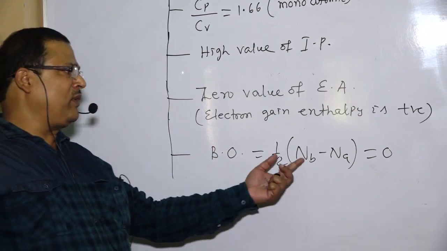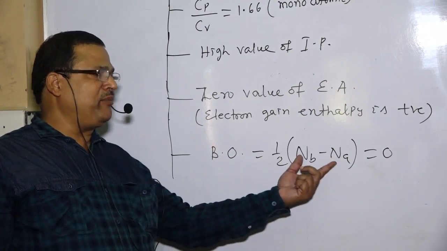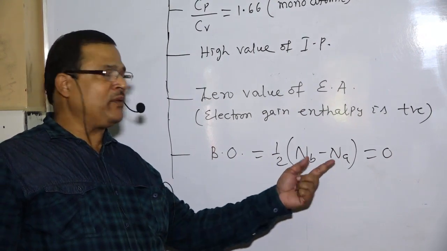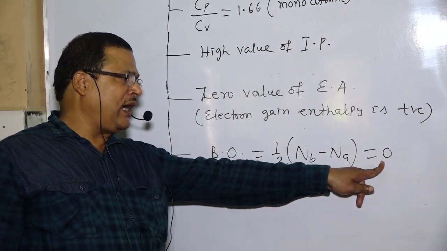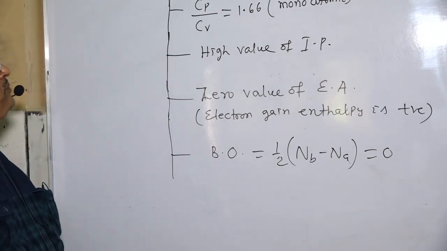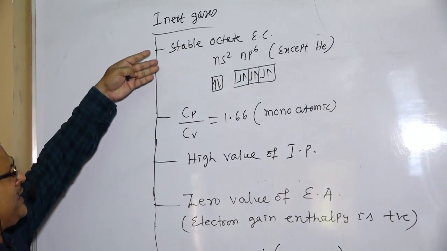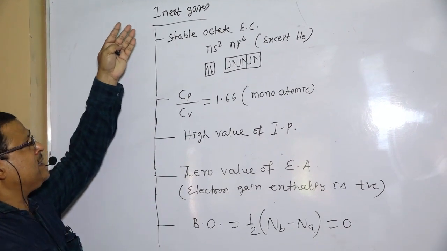So according to molecular orbital theory, whenever the bond order is 0, or Nb is equal to Na, that is, the number of electrons in bonding and anti-bonding are the same, then bond order is 0, and in that case there is no formation of a molecule. So for all these different reasons, the group 18 elements are treated as inert.